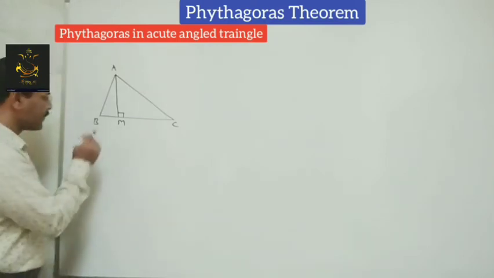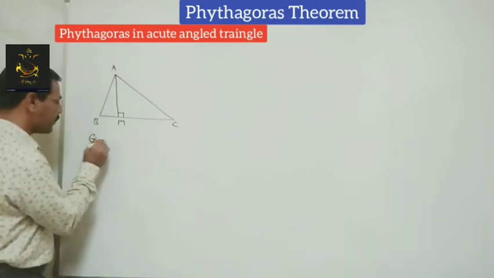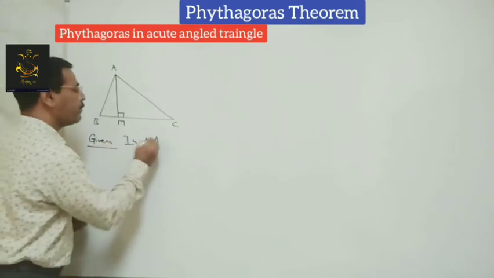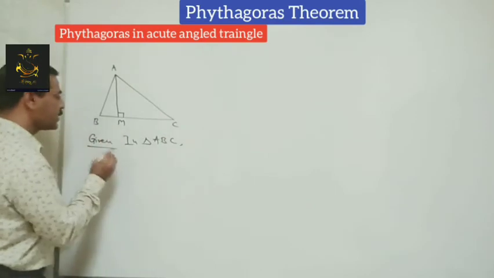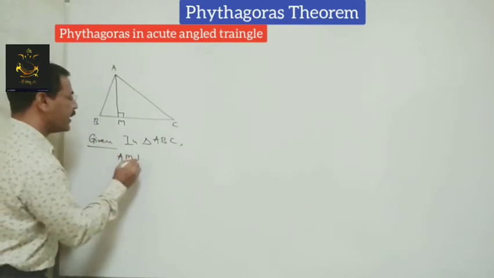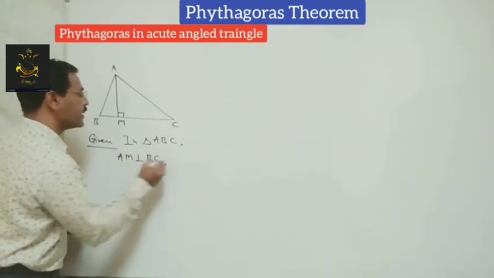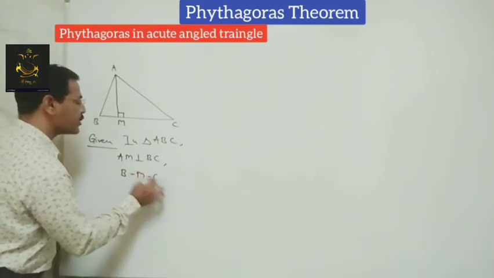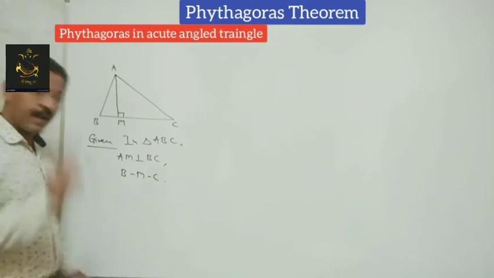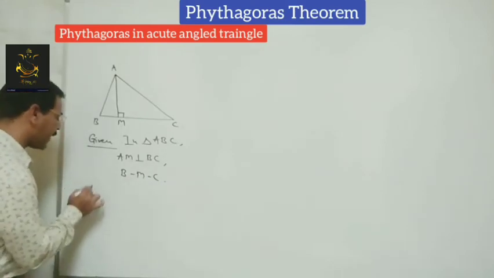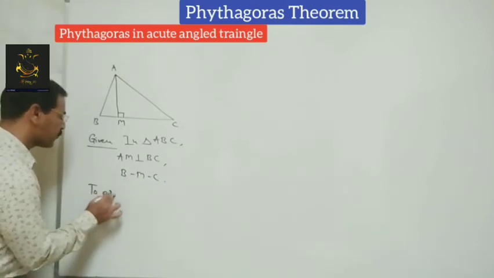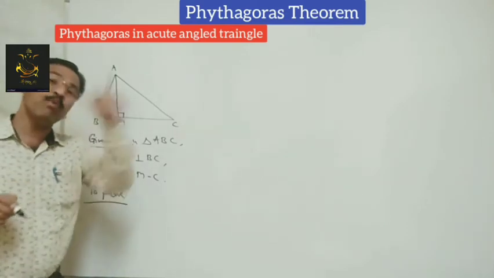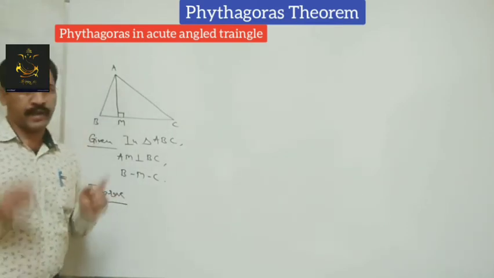See here, I'll first write the given part. What is given? In triangle ABC, AM is perpendicular to BC, where M lies in between B and C. Now look here, how I can apply it. Here, both base angles are acute angles.